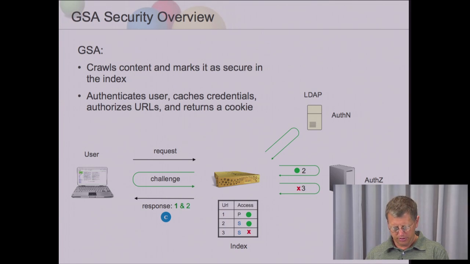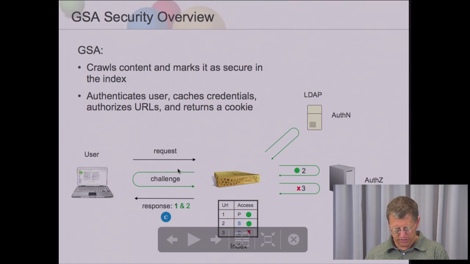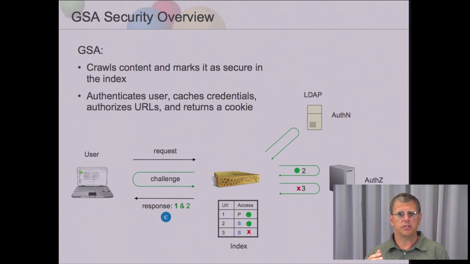If the user runs a request for secure content, then the search appliance first checks to see, has this user authenticated? Have I seen proof that they are who they say they are? If they have not presented the credentials, a challenge will be sent to the browser. This can be a prompt, or it can be silent.